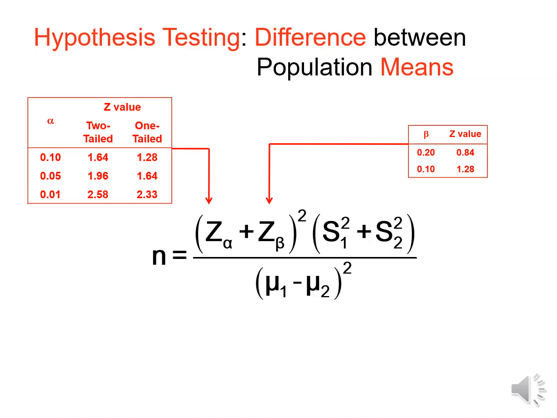Z of beta is now included because with hypothesis testing, you need to incorporate the power of the test, which could either be a z-value of 0.84 for 80% power or 1.28 for 90% power. These are the standard deviations of the two group means. These are the two group means.